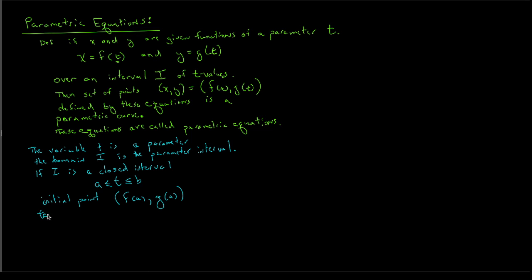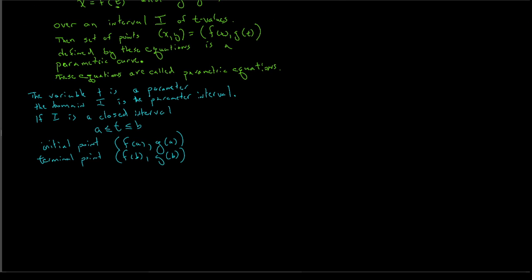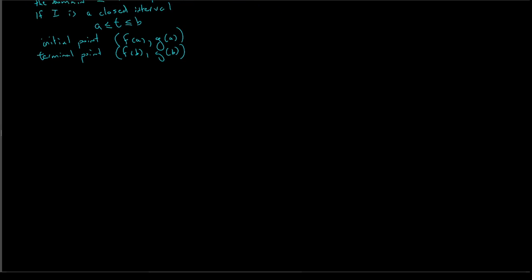And a terminal point, which is when x is at f of b and y is at g of b. And when all this happens, we say that what maps out of this is a parameterized curve, and everything is a parameterization of the curve. So we'll use the word parameter in its noun, its adjective, and verb sense, so to speak.